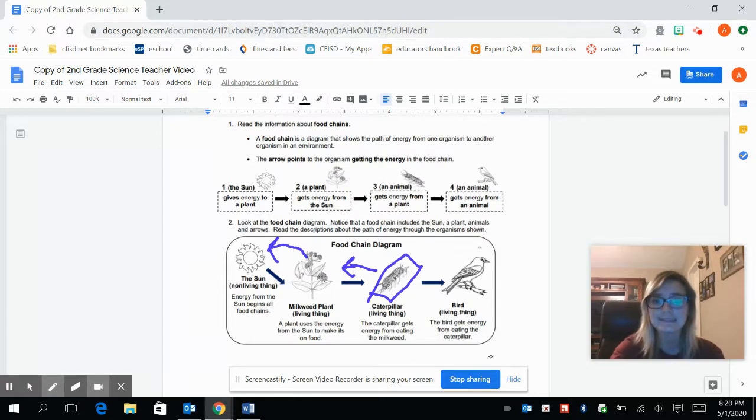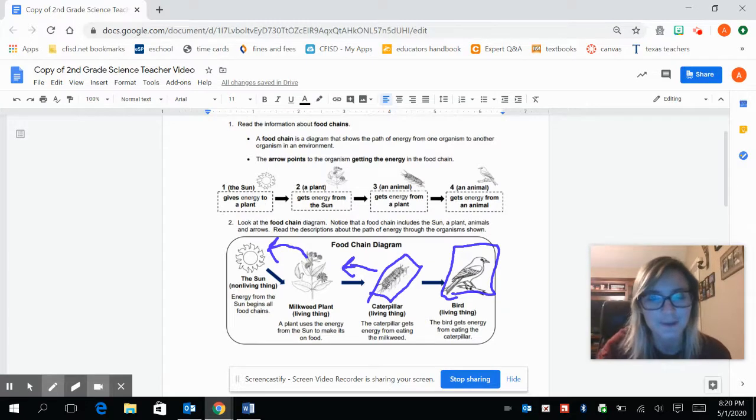So last in our food chain is this bird. And Mr. Bird, he's hungry. And the bird, he really likes fuzzy, wuzzy caterpillars. So he's gonna eat Mr. Caterpillar right up. He's not gonna have a chance to be a butterfly this time. He's gonna get eaten by the bird. Just the way of life. And so the bird gets its energy from eating that caterpillar.